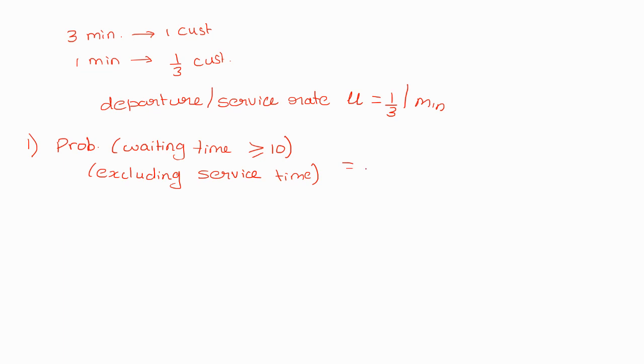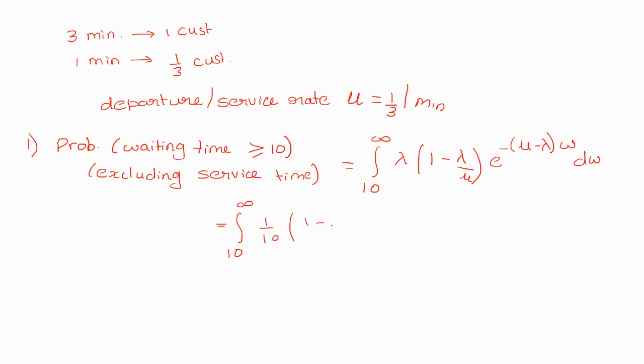Now this is given by the integral from 10 to infinity of lambda times (1 minus lambda by mu) times e raised to minus (mu minus lambda) w dw. I know my lambda and mu values. My lambda is 1 by 10, 1 minus lambda is 9 by 10, and mu is 1 by 3.